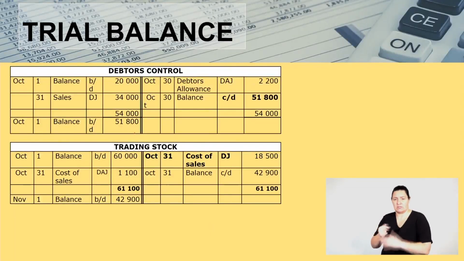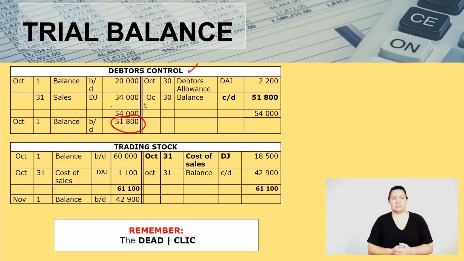Now, dear learners, it is very important for you to remember the trial balance. We have our debit as well as our credit. Now, we have to be able to post amounts from the general ledger to the trial balance. And what you see here on your screen, we have your debtors control. And we have an amount of 51,800 that we wish to post to the trial balance. Here, remember the DEAD CLIC. What does the DEAD CLIC stand for?